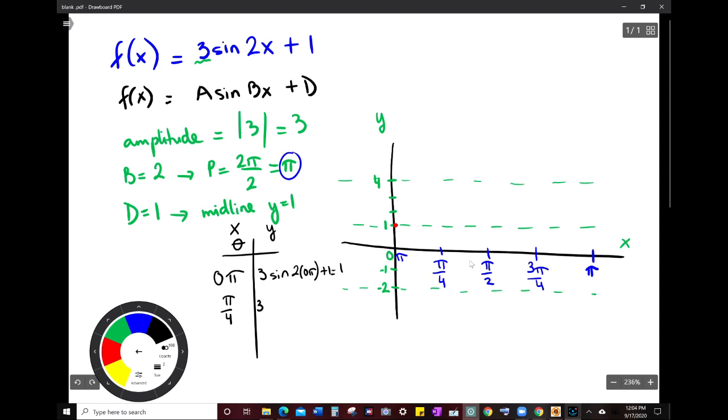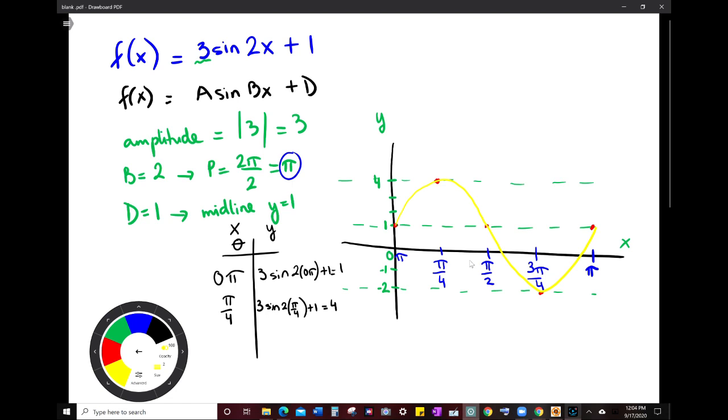And then now we have 3 sine 2 times pi over 4, and then plus 1. And if you evaluate it, this one gives you 4, right? So at pi over 4, I have 4. And then so on. So you plug in each of them, then at pi over 2, you get 1. At 3 pi over 4, you get -2. And at pi, you get 1. So connect all of them together. This will be your graph.